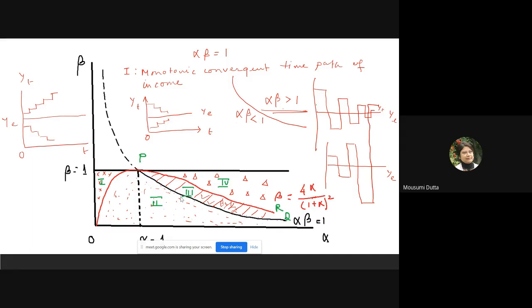So please add. Finally, when alpha beta is equal to 1, equilibrium is dynamically unstable.